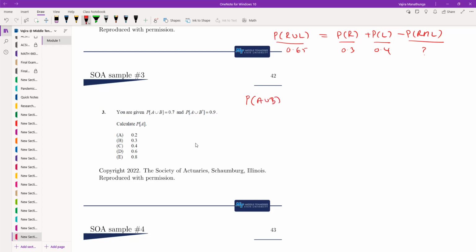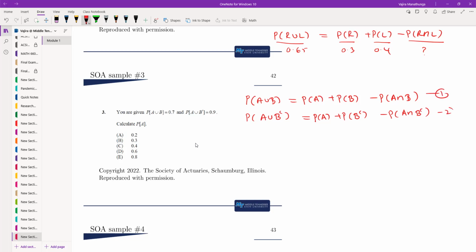If I apply it, probability of A union B is going to be probability A plus probability B minus probability A and B. Then if I apply the same rule to A union B complement, that's going to be probability A plus probability B complement minus probability A and B complement. Now I can add these two equations.